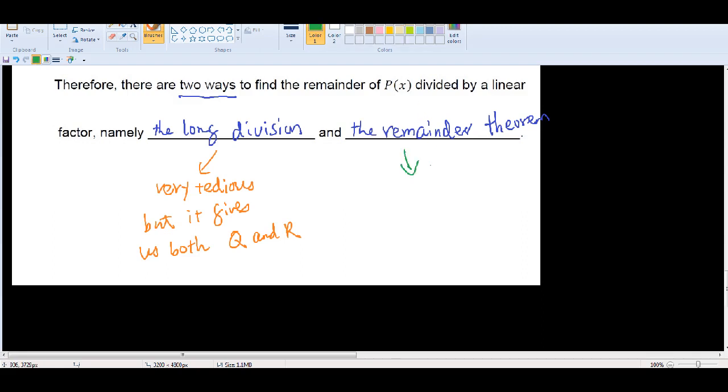For the remainder theorem, we have just learned, it is much quicker, easier, but it only gives us what? Remainder. So that's why it is called the remainder theorem. It only gives us the remainder.